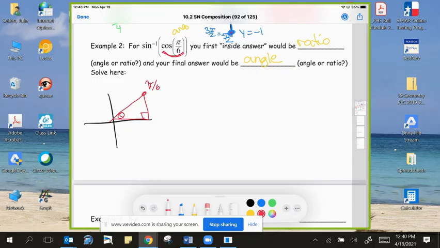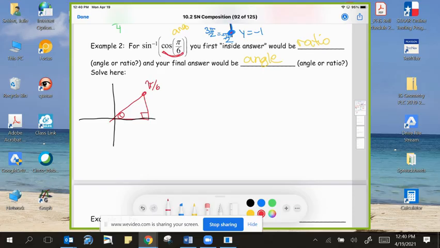What type of triangle is that? It is a 30, 60, 90. What is that reference angle? It is 30 degrees. Good.